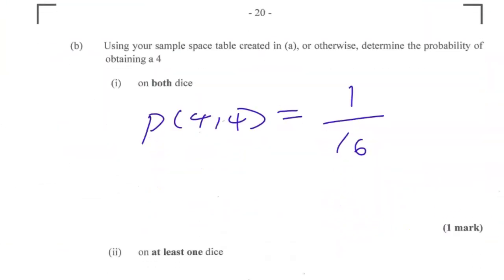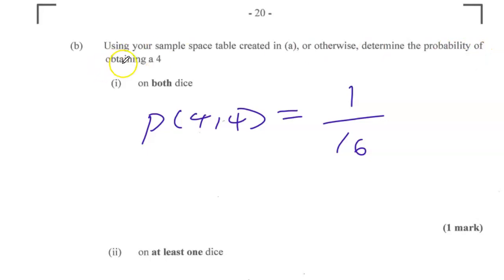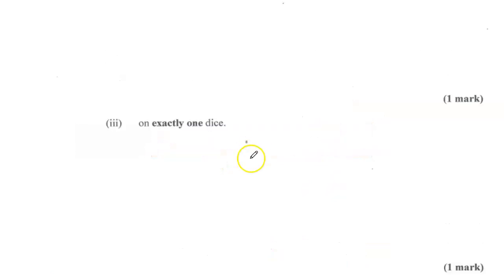Next, the probability of obtaining a 4 on exactly one die. So again, the sum total is 16.